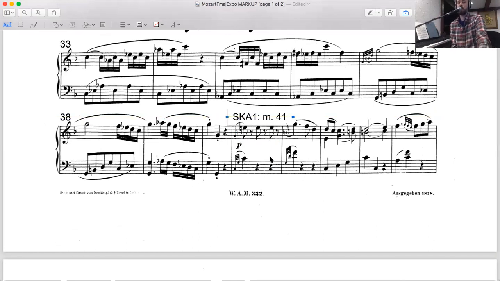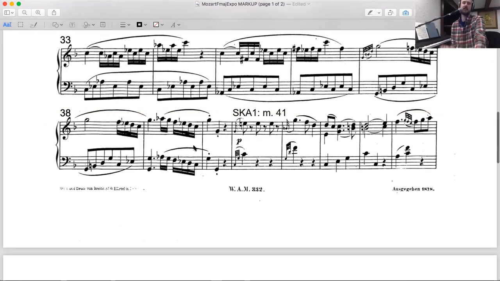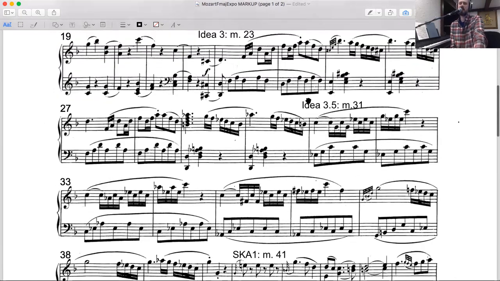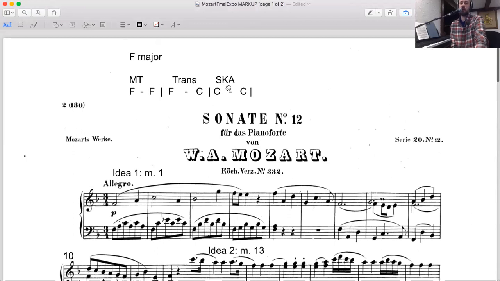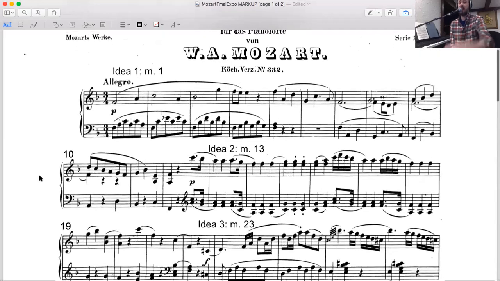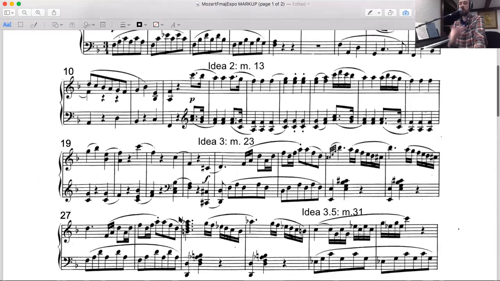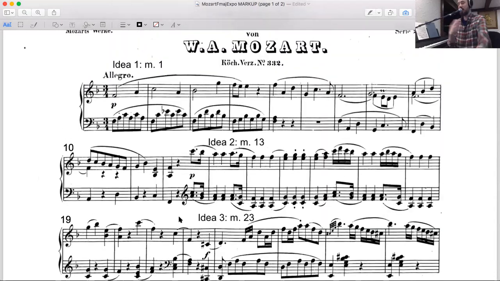So my question for you, and what we'll discuss on Friday, is, as you look at these various ideas, how can you use the key structure to help you identify where the actual formal units are? Remember, finding these ideas is great, and I think it's really important to point that out, because as we experience this, we're going to hear Mozart presenting different ideas.